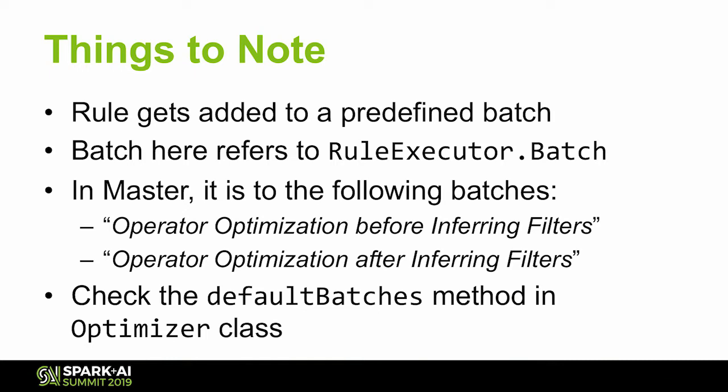So if you're trying to do this for a released version of Spark, it would be good to check the Optimizer class to see where that placeholder method is being called and which batch it's getting added to. But in general, it is to the operator optimization batch that exists today. So you can check out the defaultBatches method in the Optimizer class.